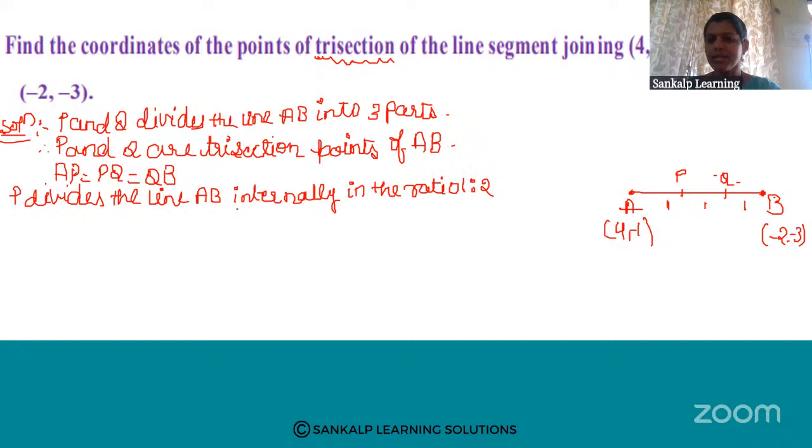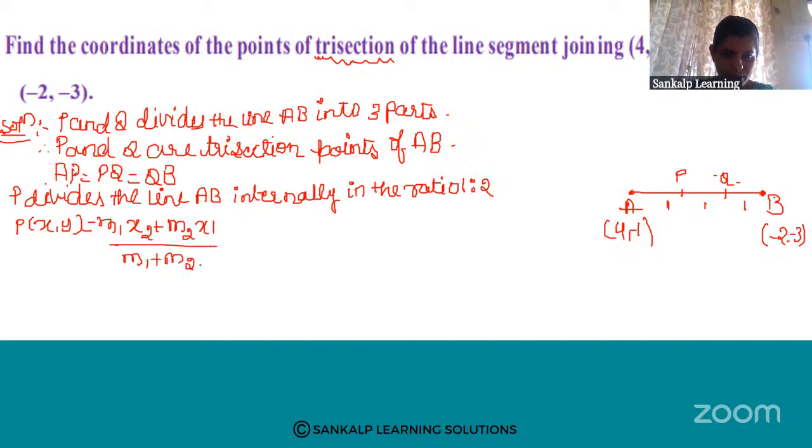So the section formula is P(x, y) equals (m1 x2 plus m2 x1) divided by (m1 plus m2), and (m1 y2 plus m2 y1) divided by (m1 plus m2).